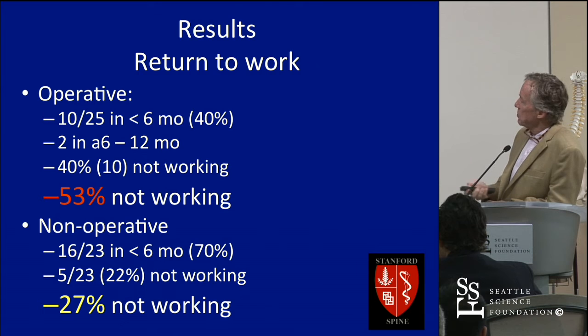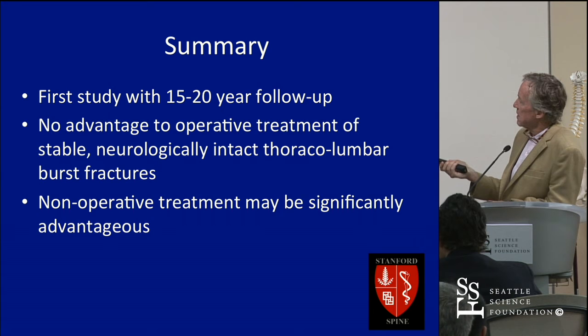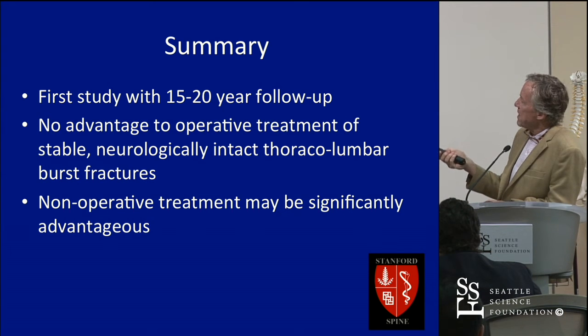More people who were treated non-operatively 20 years later were working compared with those who were treated with an operation at that time. So in association with our earlier study, where we found no real advantage to doing an operation for the neurologically, mechanically intact thoracolumbar burst fracture, those very same things held.